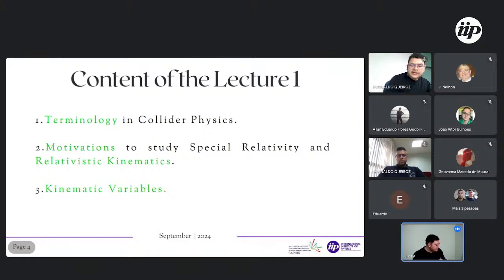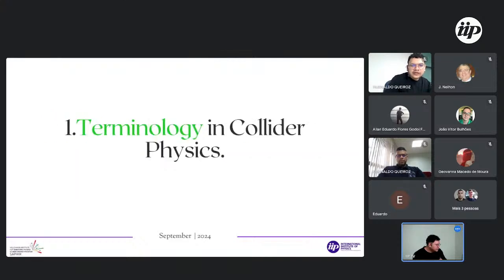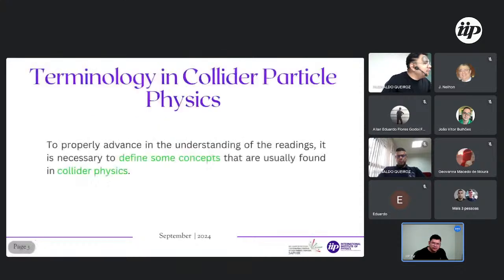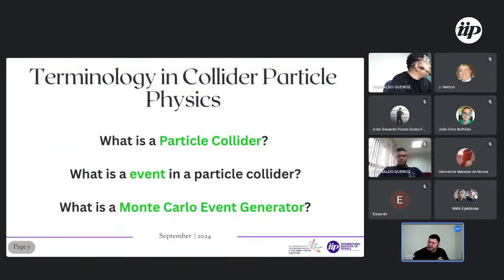So this is the content, and we start with the first part of the first lecture, the terminology in collider physics. It is necessary to define some concepts related to collider physics, and to do that, we need to answer 3 questions.